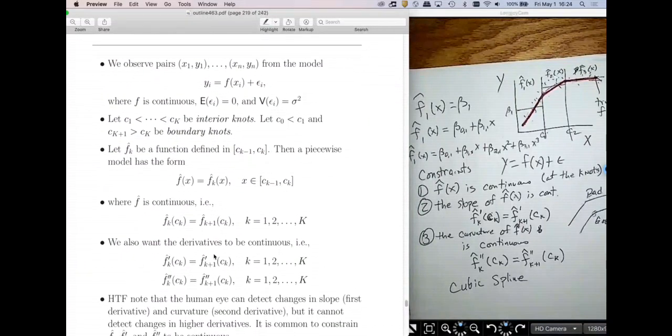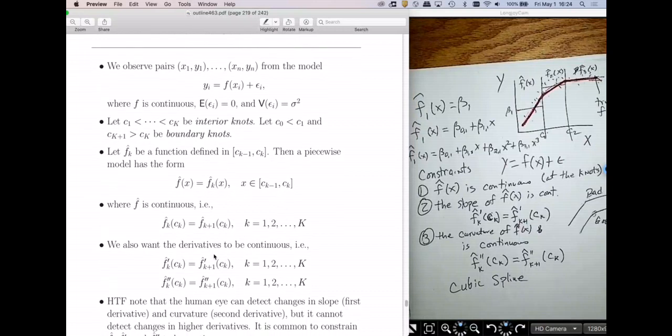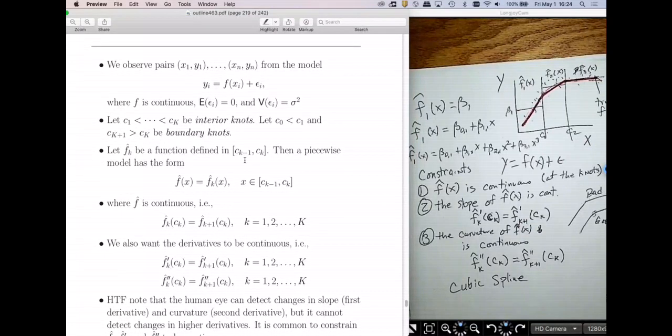Okay, so this slide basically says what I said on the paper. In general, I'm going to have k knots, and I'm going to define some chunk f hat k at x. F hat k is only defined on my kth bin.